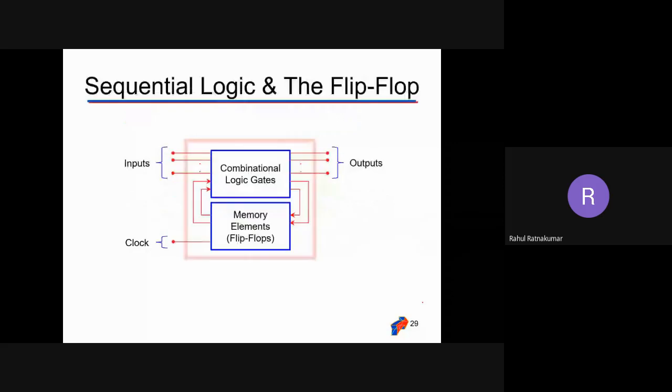But in sequential logic, we have some memory, like flip-flops. We might have stored some previous values of output or input, and it is going to affect my present output. This is about sequential logic.